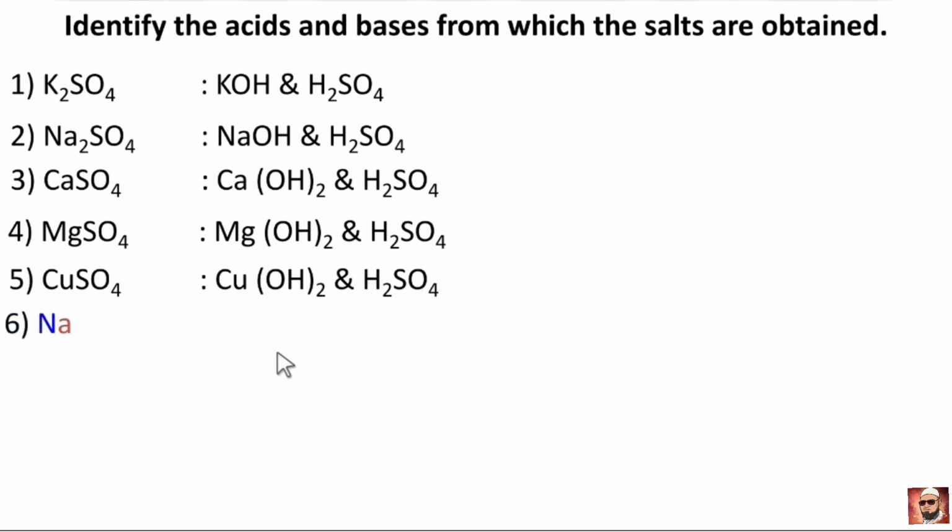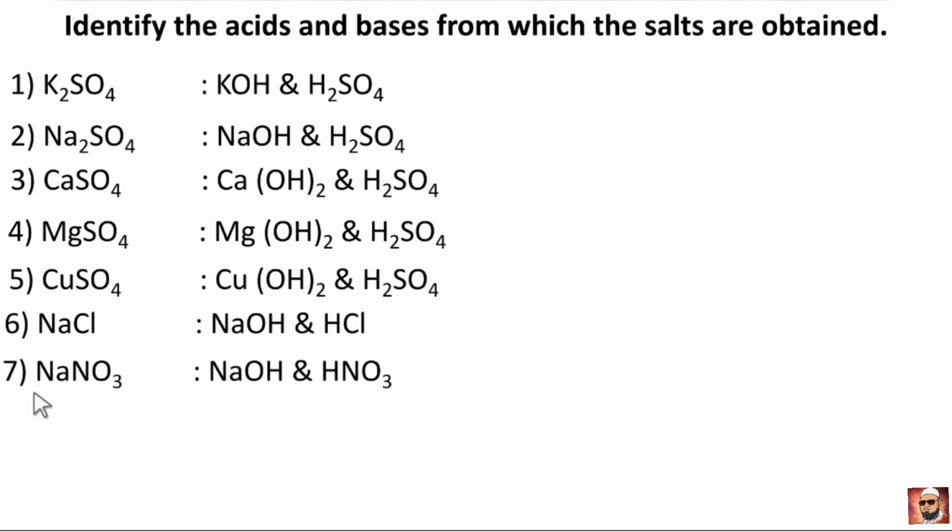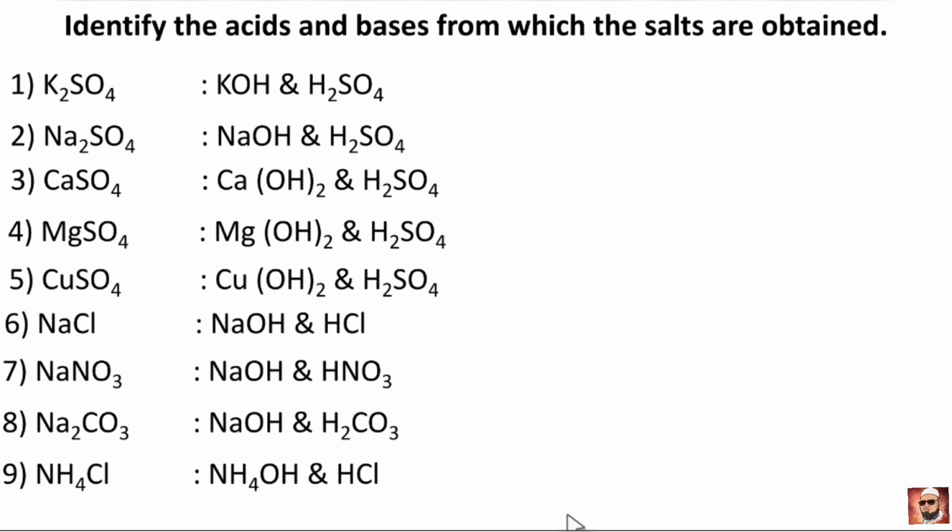For sodium chloride salt, the base NaOH and the acid HCl. To obtain NaNO3, sodium nitrate, the base we require is NaOH and the acid is HNO3. For Na2CO3, NaOH and H2CO3. And for ammonium chloride, ammonium hydroxide base and hydrochloric acid are required to obtain NH4Cl, ammonium chloride salt.